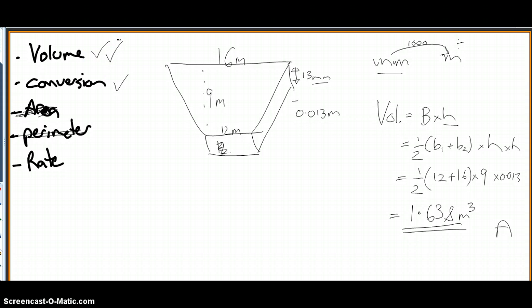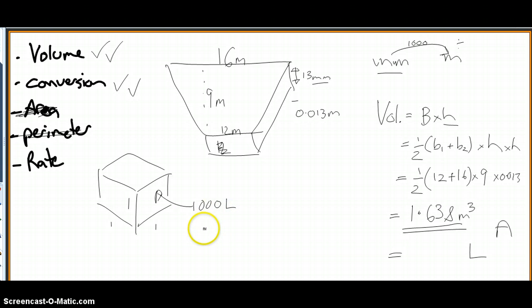From this point, I would probably convert that into some litres, and that would give me my second achieved. To do that, you would have to visualize how many milk bottles go into a 1 by 1 by 1 metre cubed, and hopefully you'll remember that to be 1,000 litres. 1,000 milk bottles fit in 1 metre cubed.